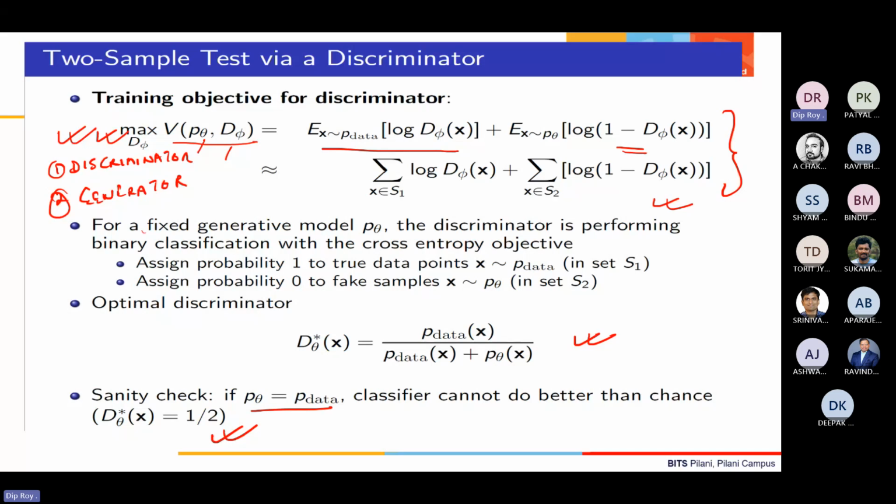But now we realize that this is not always the case. The only case when this is true is when your model distribution is exactly equal to your true data distribution, which will never be the case in real life because you will never be able to get the exact distribution.